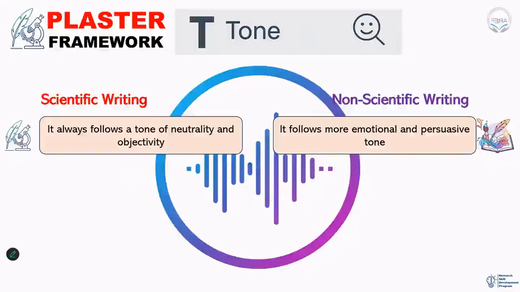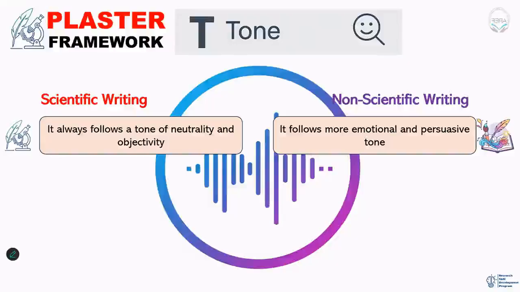There is nothing called an emotional or persuasive tone in scientific writing. As I said, non-scientific writing is multicolor, a seven-color thing, with lots of emotion attached to it. But scientific writing deals with black and white. It is either yes or no, and it maintains neutrality.